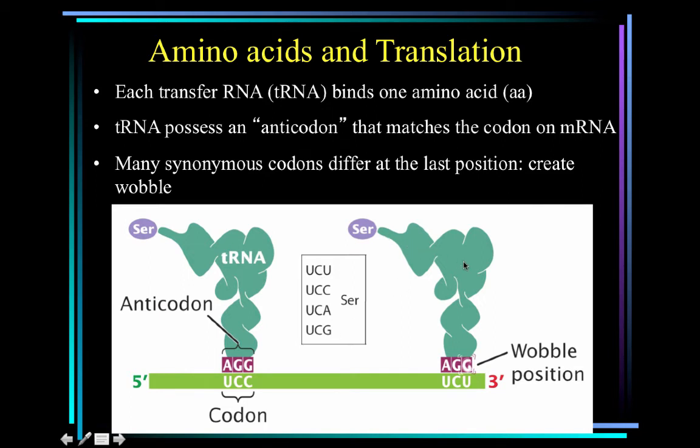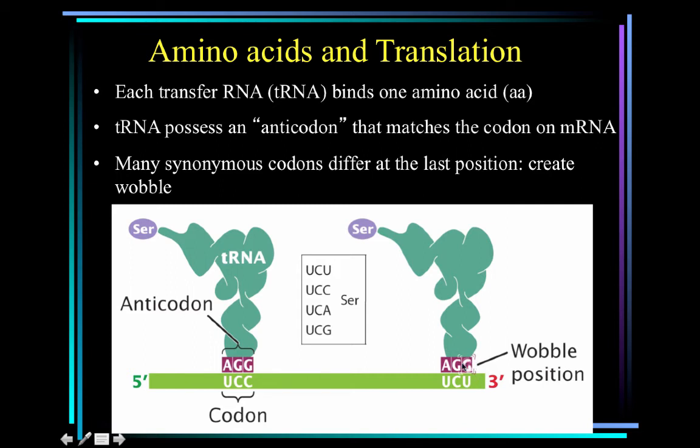Therefore, this transfer RNA, because it has a very specific anticodon for either AGG or AGU, is going to be very specific to serine. So whenever we see that type of coding happening in the messenger RNA, it's always going to match up with serine. So this third position here is what we call a wobble position.